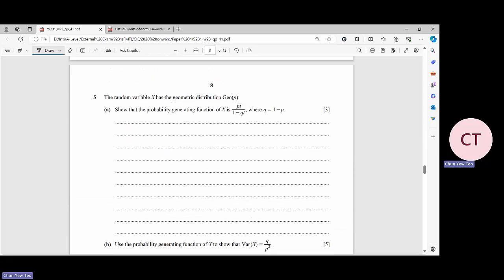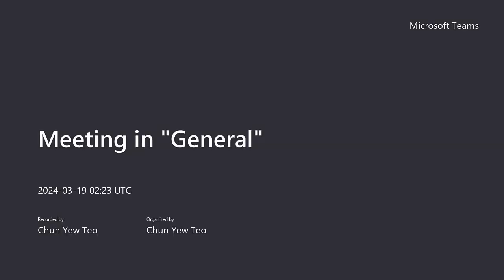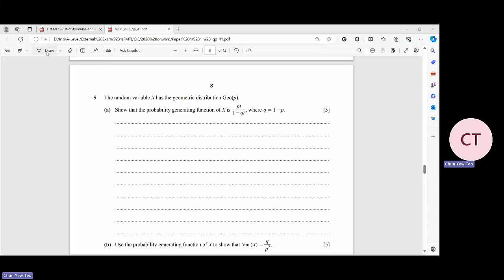Question number 5. Okay, now we take a look at question number 5. The random variable x has the geometric distribution, and then show that the PGF is given as this, where q is equal to 1 minus p.